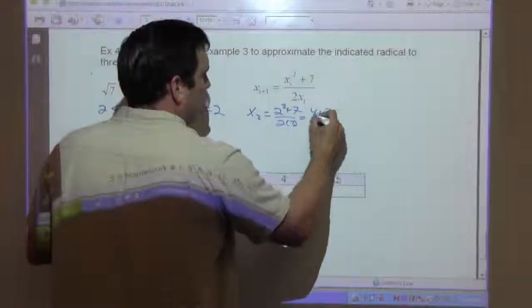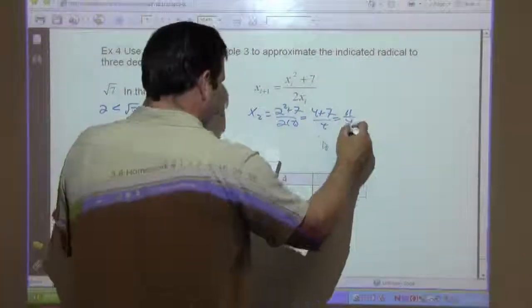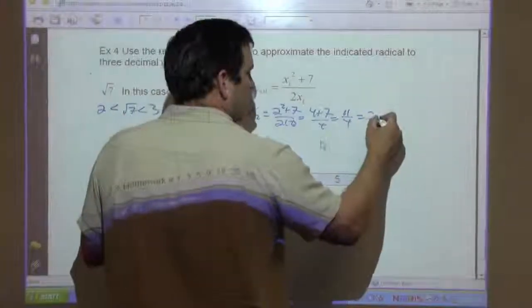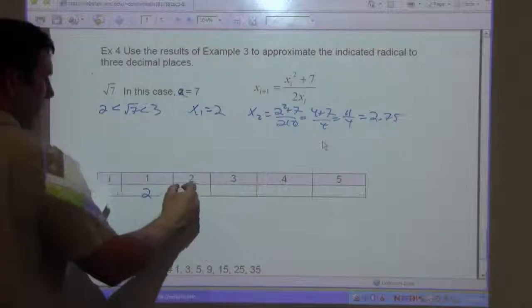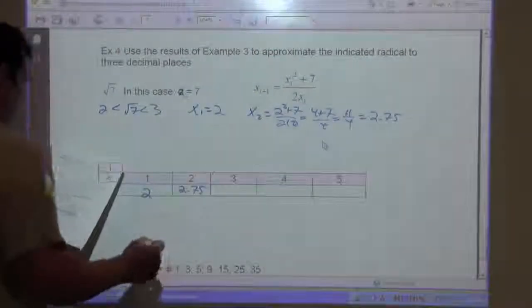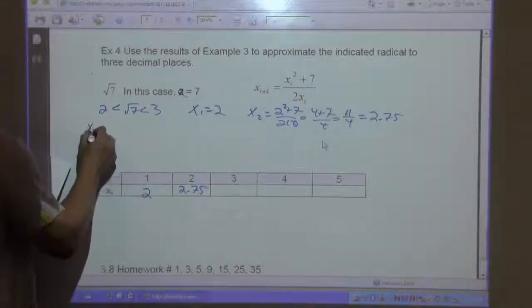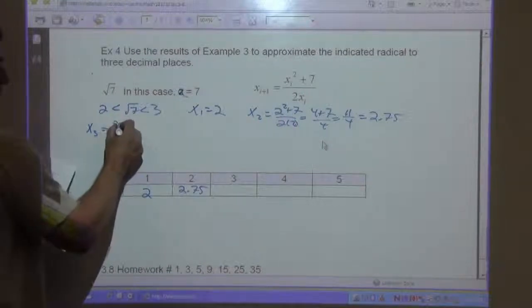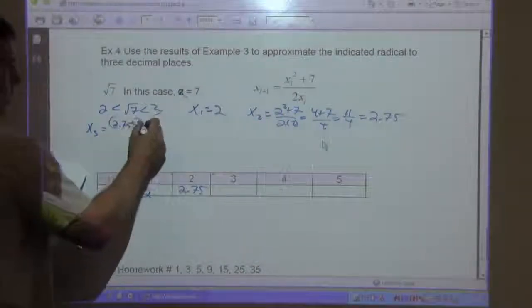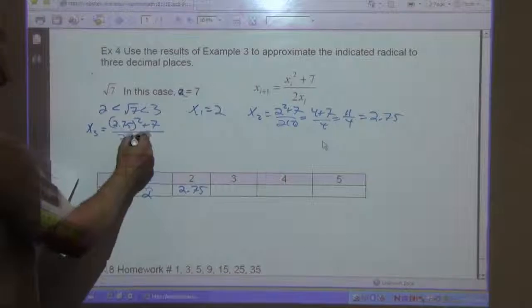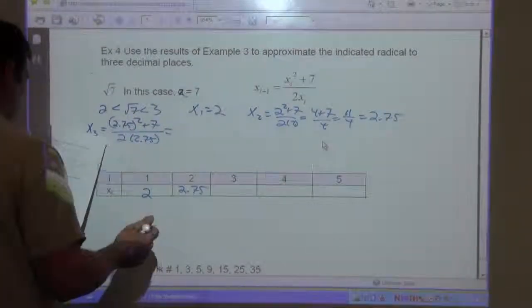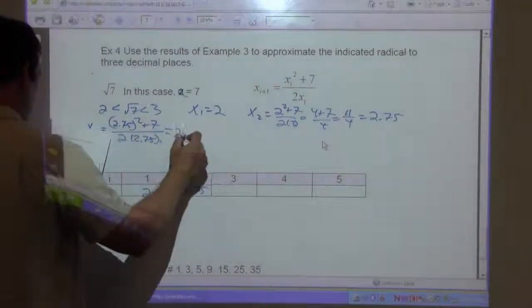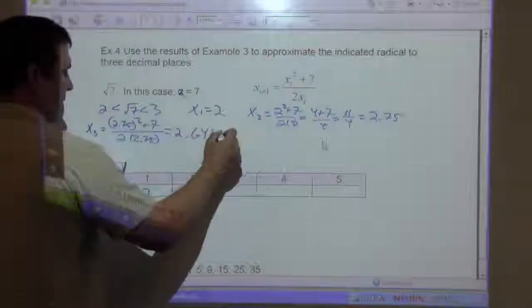That's 4 plus 7 over 4, 11 over 4, which is 2.75. So the first one is a 2. Now we have 2.75. So our x3 is going to be 2.75 squared plus 7 over 2 times 2.75. And that's going to be 2.64773.